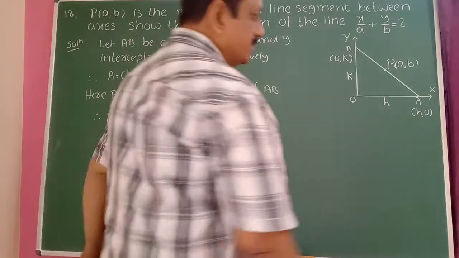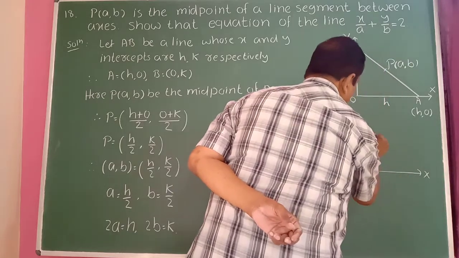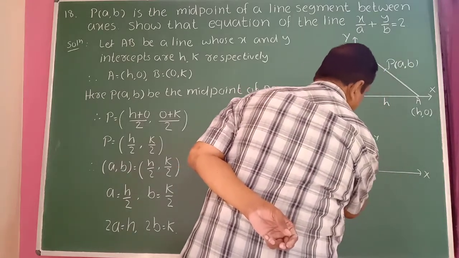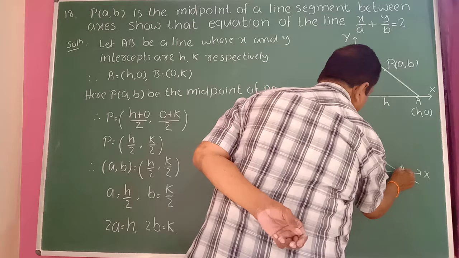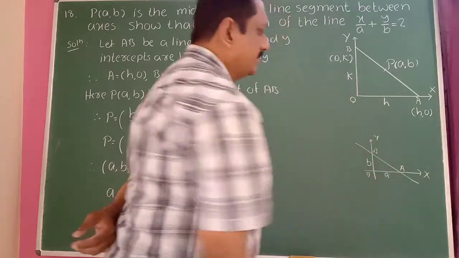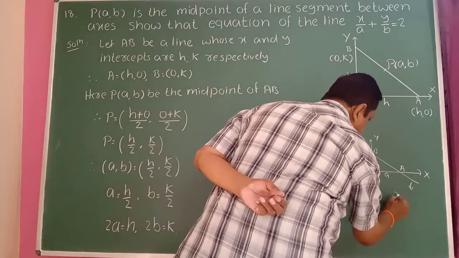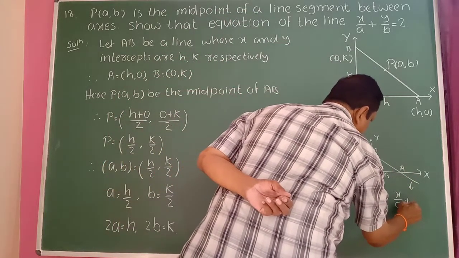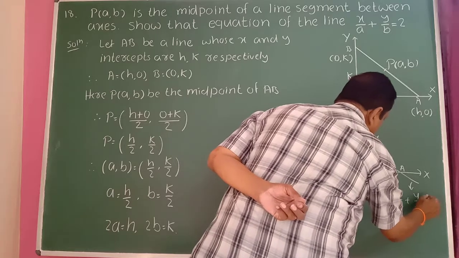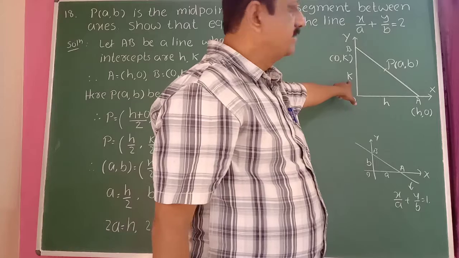So you know the intercept formula. Suppose this is the x axis, y axis and origin. This is the line here. AB is the line. Then a is the x intercept, b is the y intercept here. The equation of this line is what here? The equation of this line is x/a + y/b = 1 here. Here h is the x intercept, k is the y intercept here.